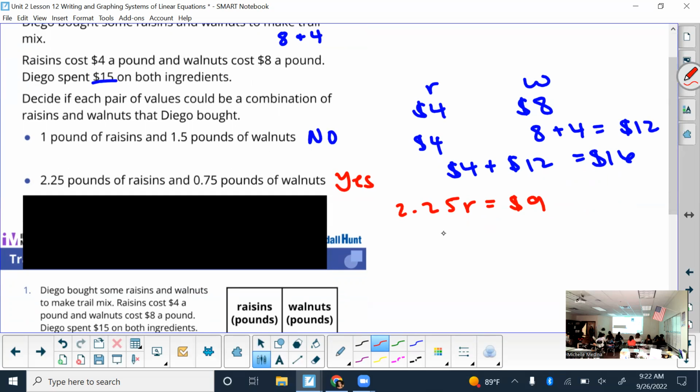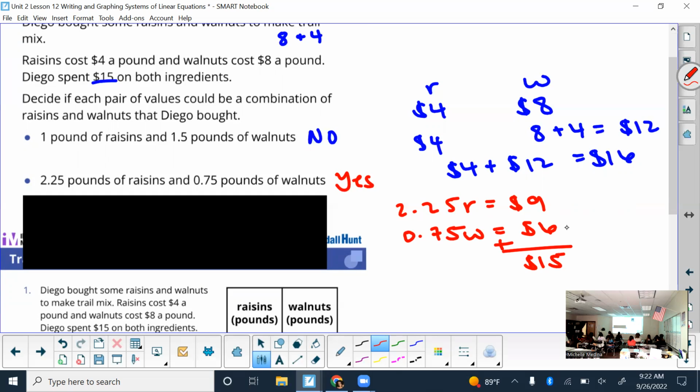Is that it? The 0.75 of the walnuts gave me 6. What's 9 plus 6? That is correct. And that's what Diego said, right? So yes, that is a possible combination that it could have been.